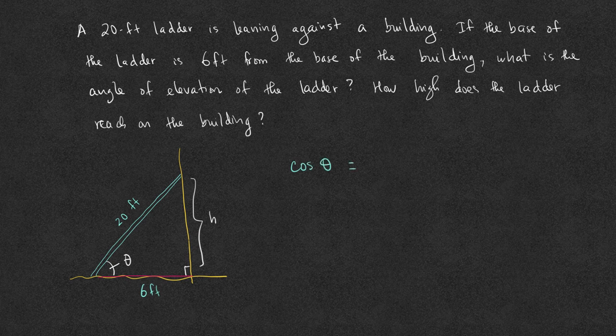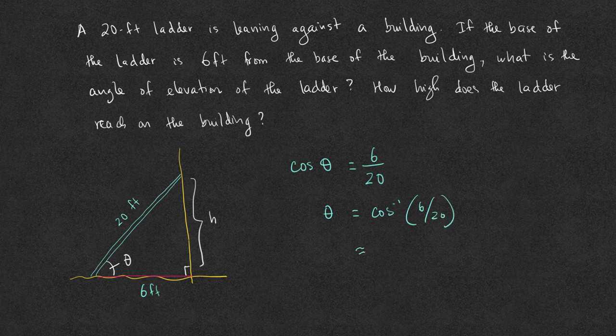Cosine of the angle theta equals adjacent over hypotenuse, which is 6/20. To find theta, we use inverse trigonometric functions. Cosine of theta equals 6/20, meaning theta equals cosine inverse of 6/20.